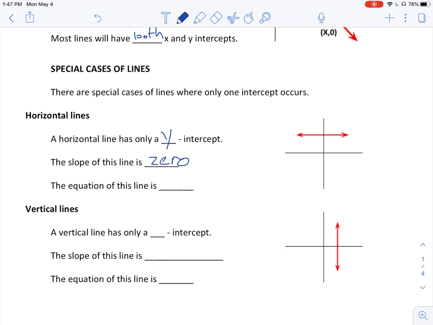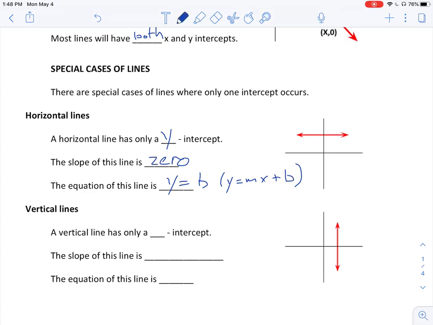The equation of this line, whatever the value of the y-intercept is, that is the line: y equals b. And we got that from our y equals mx plus b, right? So if we have a slope of 0, the mx term cancels and goes away, which means that the equation of the line is y is equal to b.